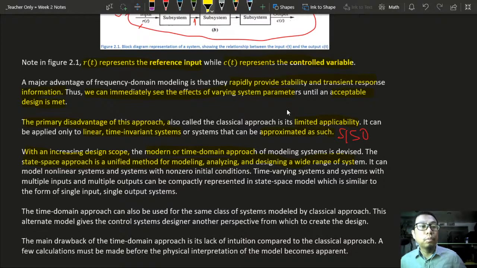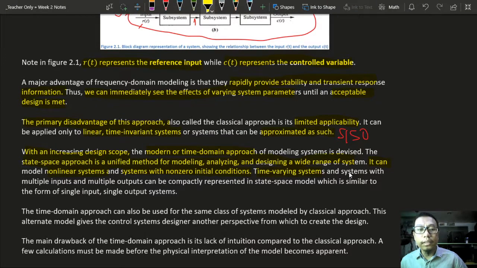So yung problem natin malalaglag sa isang multiple input na siya. Magkakaroon siya ng multiple inputs. Pero yung state space approach can handle nonlinear systems and systems with non-zero initial conditions.